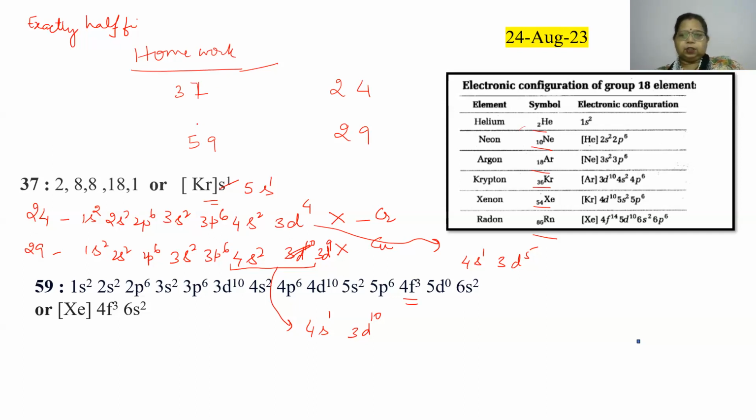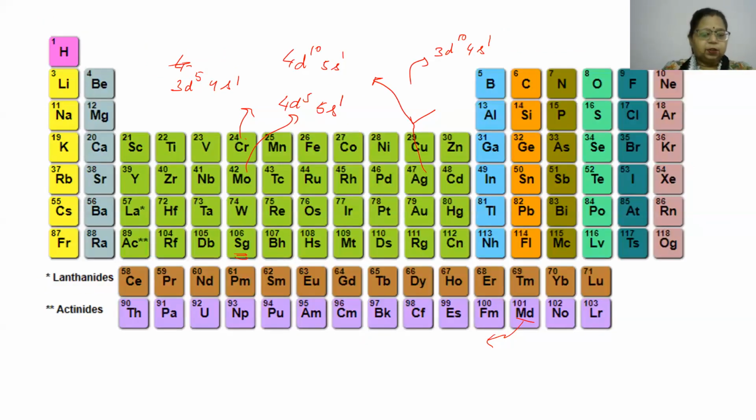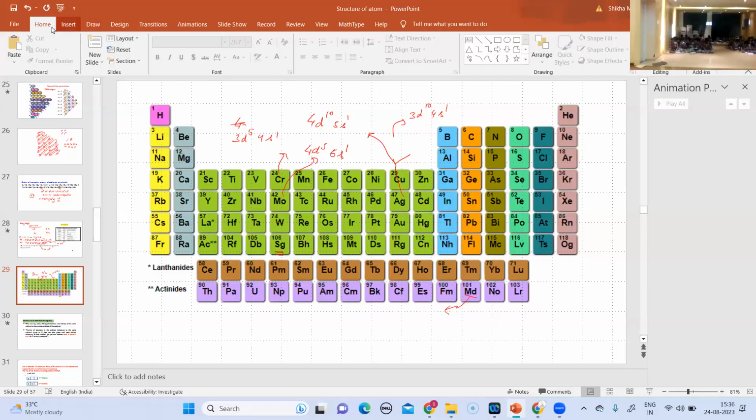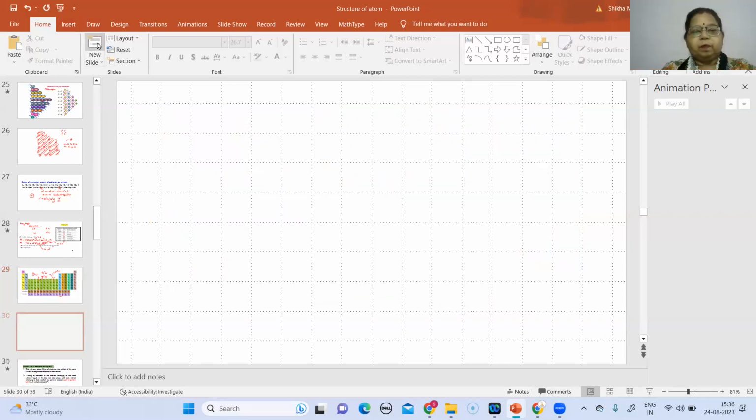I understood your query. Now for that, we need to go back to the chapter of atomic structure, and we must understand a few basic things about the energies of the orbitals. If I can translate your query, you are saying carbon has atomic number 6.